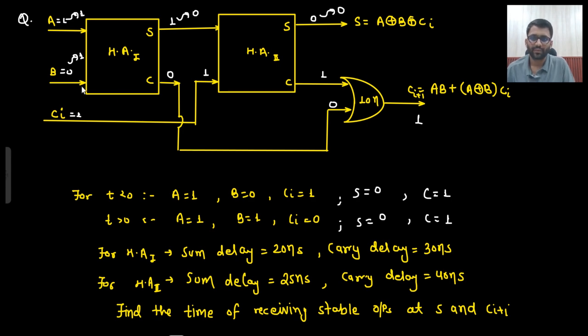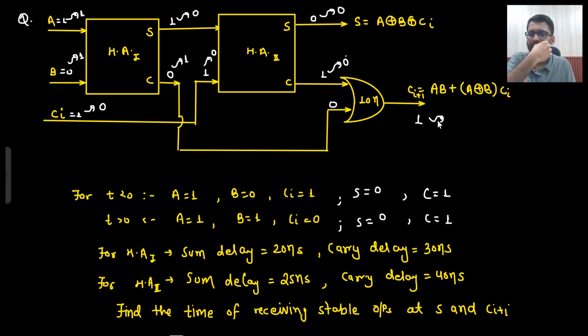This all happened at t equals 0. So this has become 0 and this has become 0. So sum 0 plus 0, sum will be 0 only, and carry will be 0.